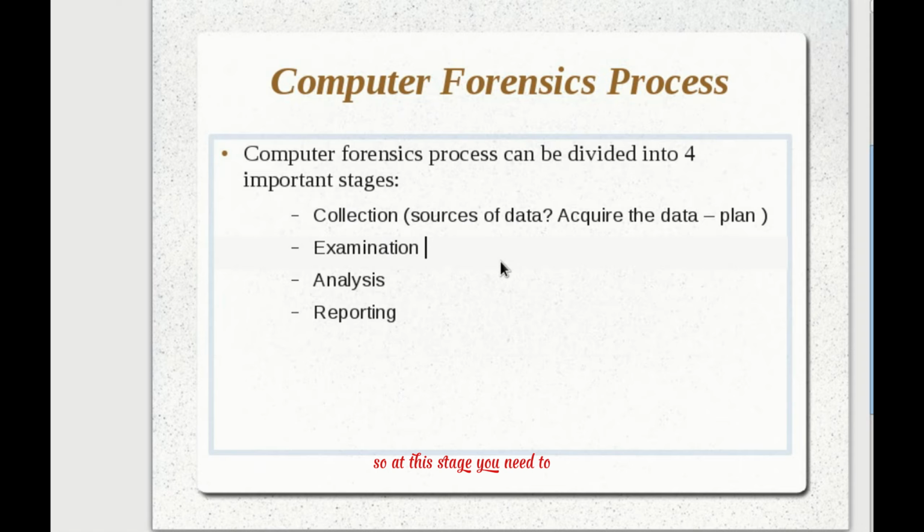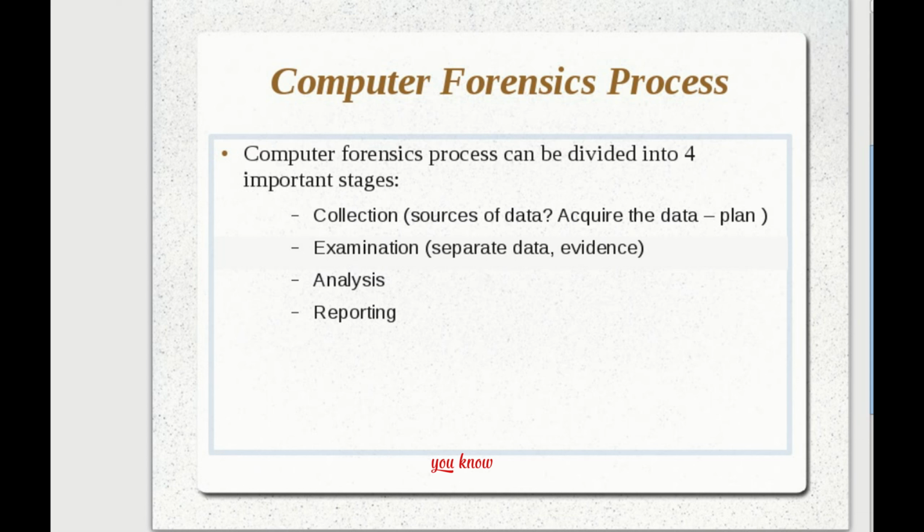At this stage you need to separate the data files from the data and evidence. You need to identify the possible evidence. You don't know what the evidence is at this stage, so you need to create a differentiation.